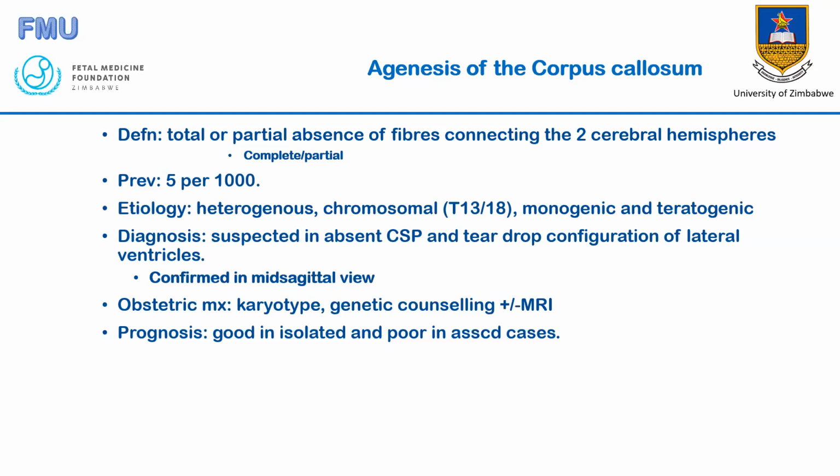Certain babies will have agenesis of the corpus callosum and probably normal intelligence or IQ, but some may suffer from neurological impairment. So it's quite varied, but generally the prognosis is okay for isolated cases of agenesis of the corpus callosum.